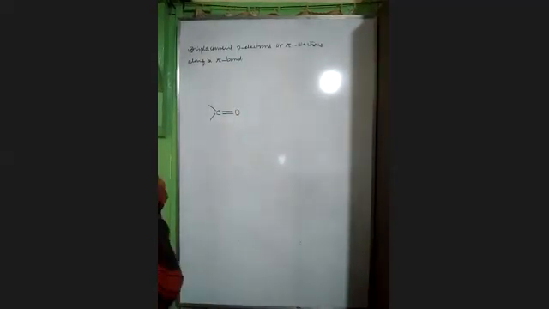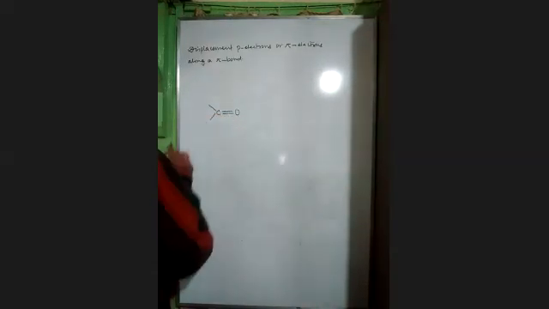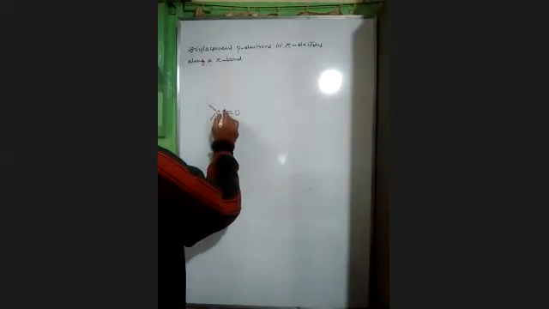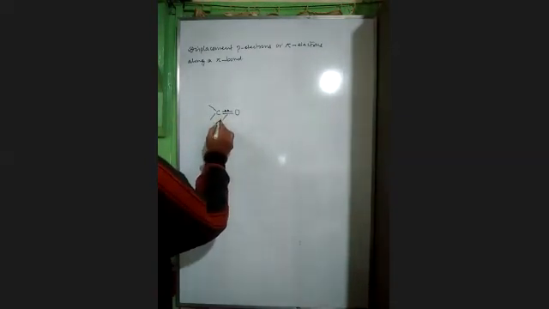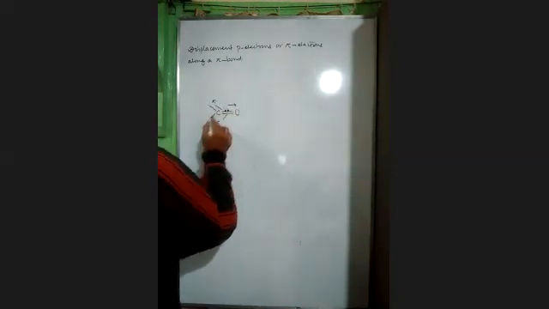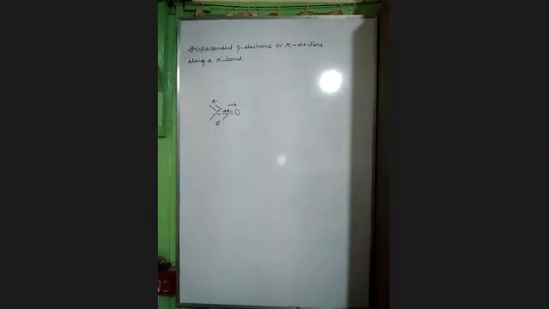So in this case, what will happen? As I told you, the pi electron overlap is very, very big. So this is the pi electron. Okay, this is the sigma bond, and this is the pi. So this will immediately get displaced towards the more electronegative element.